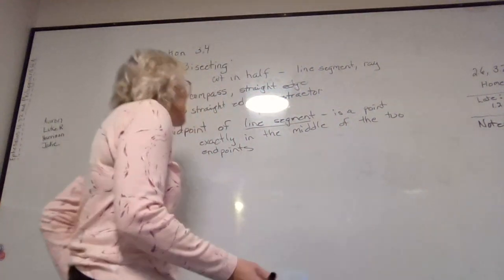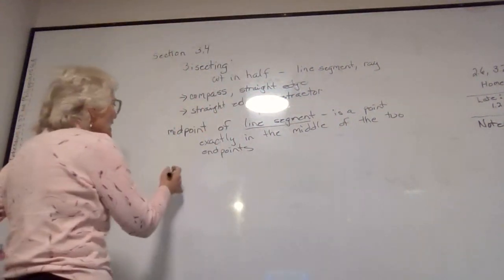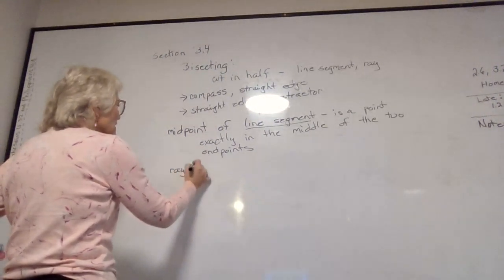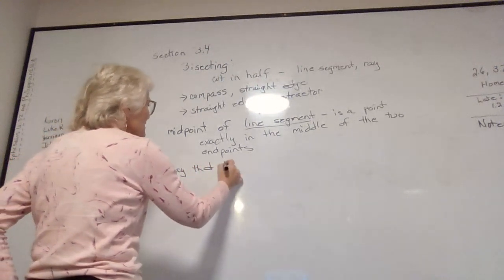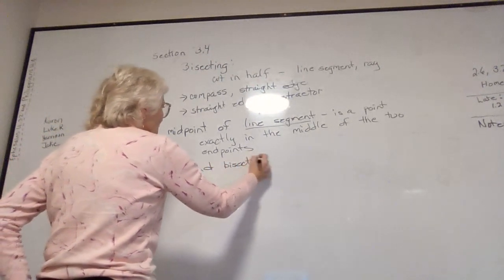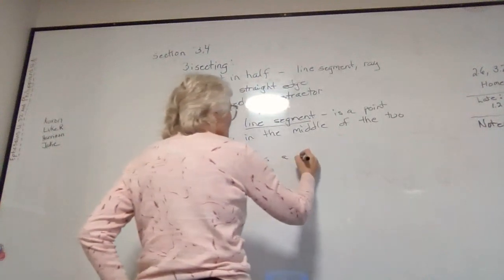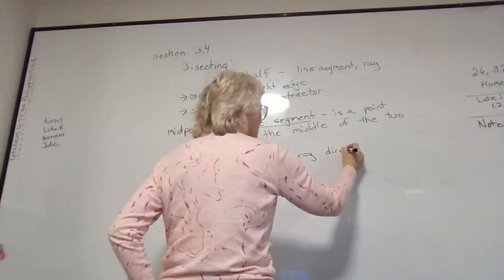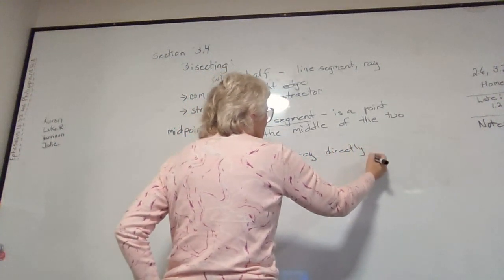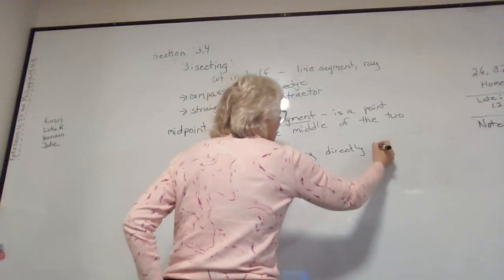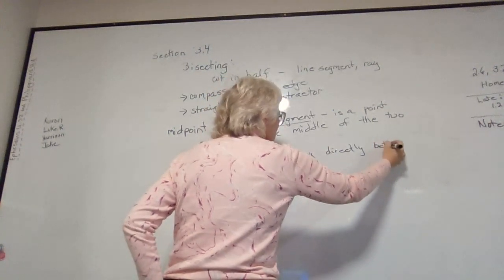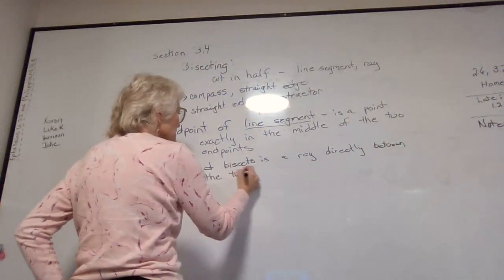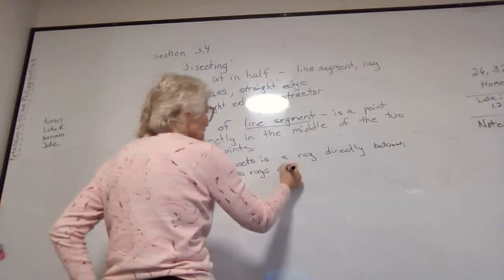When we're doing a ray, it is the ray that bisects. It is a ray directly between the two rays of the angle.